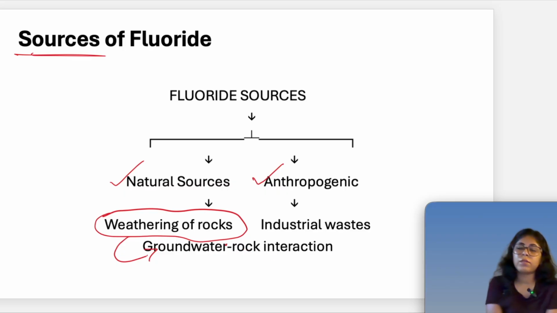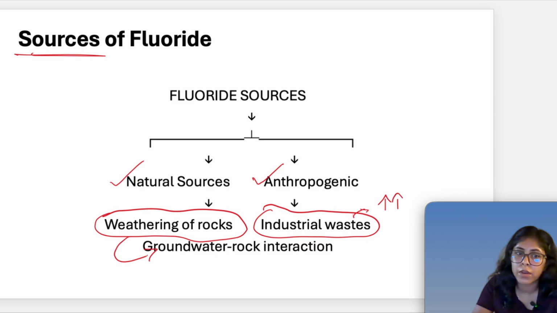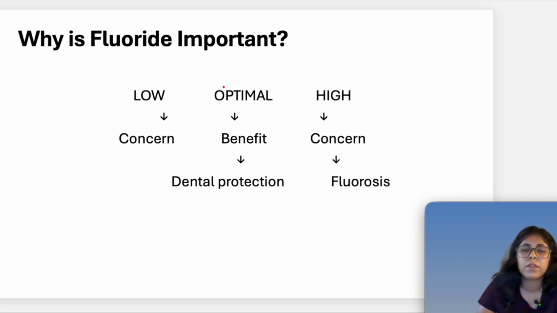So there is groundwater interaction, and fluoride comes to groundwater from the weathering of rock. That is a natural process. And then anthropogenic is the industrial waste. Many industries create a lot of fluoride that we put straight into the river, and it creates very high fluoride concentrations. So these are the sources from where fluoride comes to the water.